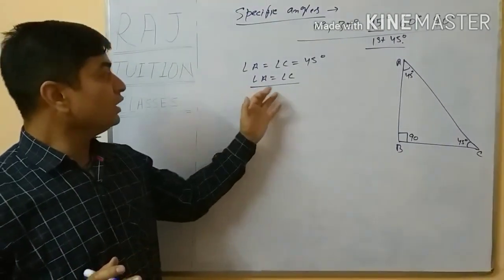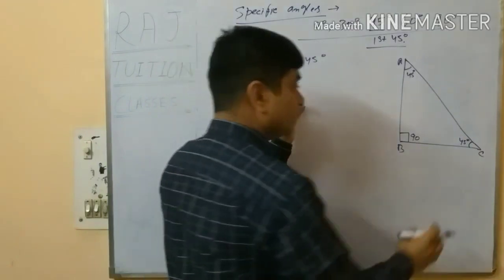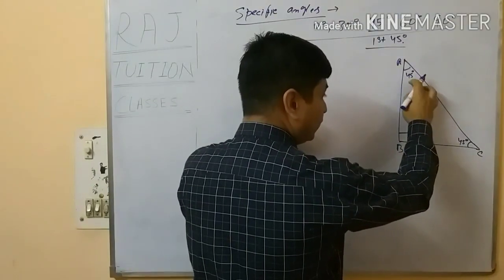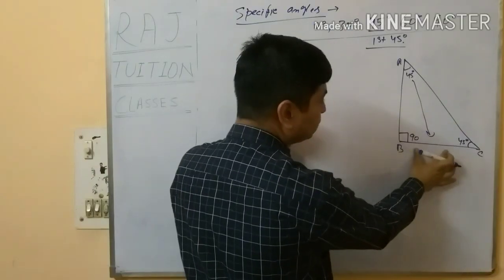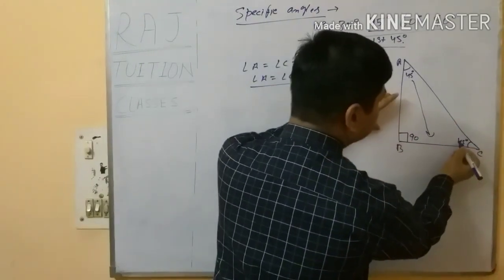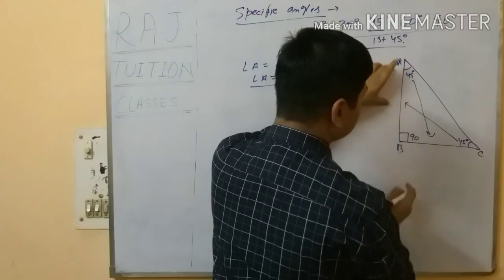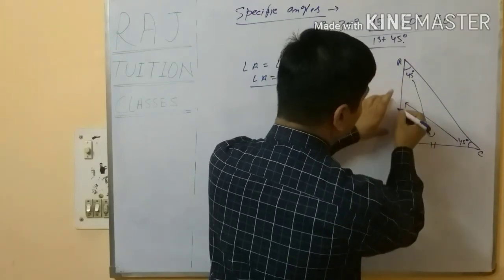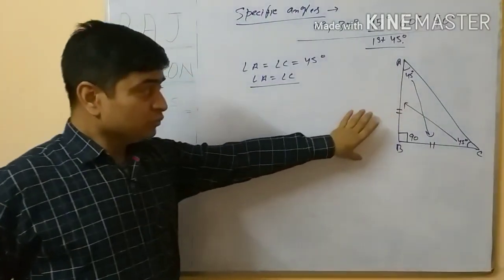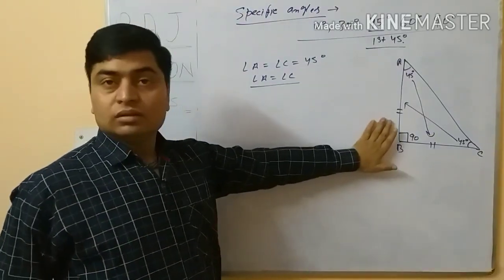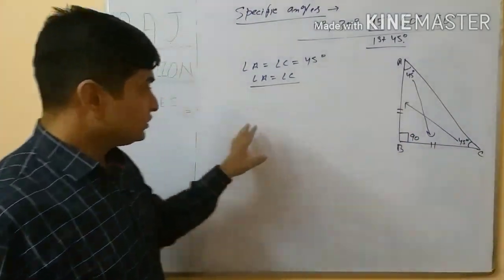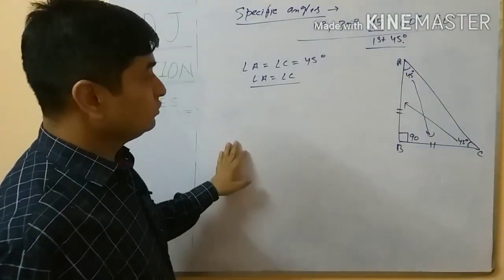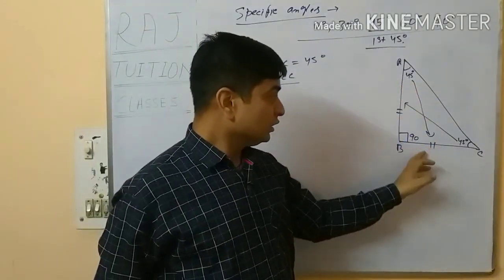If angle A and angle C are equal, then the side opposite to angle A, means BC, and the side opposite to angle C, means AB, will also be equal. Why? Because we know sides opposite to equal angles are equal. It's a very simple theorem of a triangle.